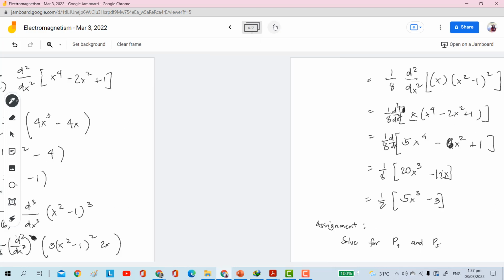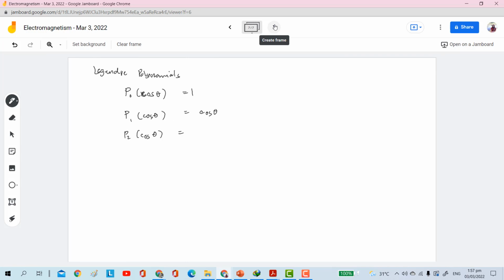So you have 3 cosine squared theta minus 1 divided by 2. And then your P sub 3, you have 1 half, 5 cosine squared theta minus 3 divided by 2.